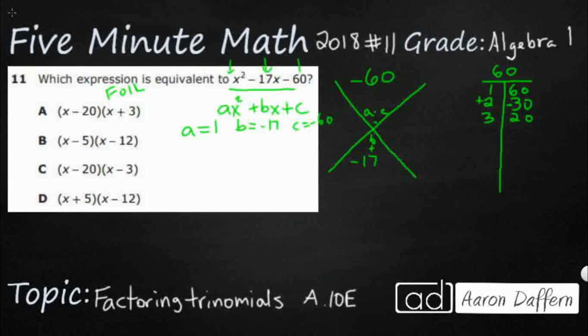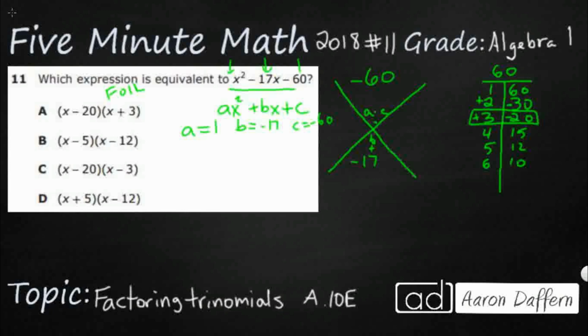If I made that a positive 3 and a negative 20, that would give me negative 17. I can keep going, 4 and 15, and 5 and 12, but we're not really going to see any other combinations. We're just playing with numbers in our mind, and it looks like if I have a positive 3 and a negative 20, we're going to be good.